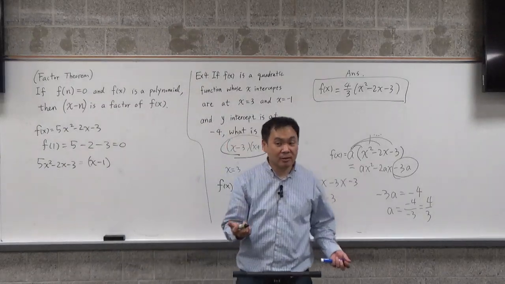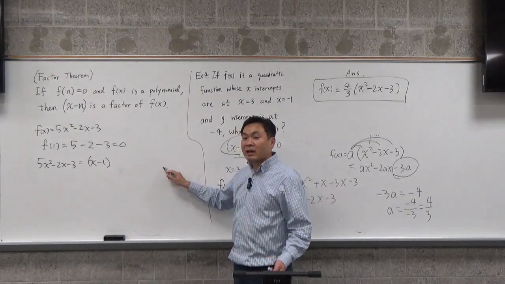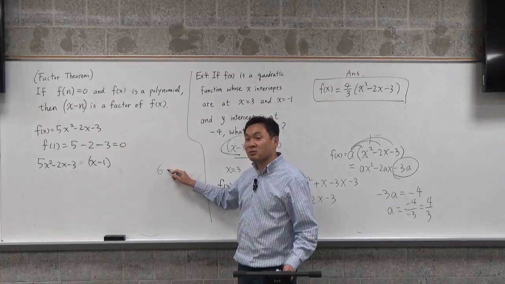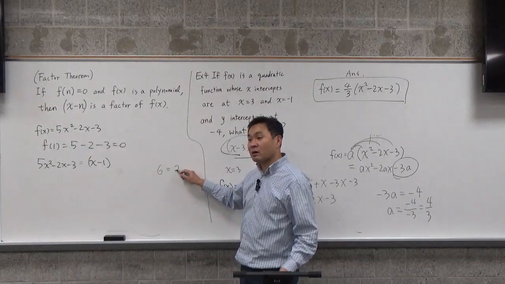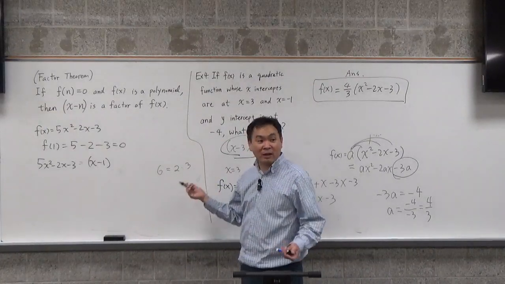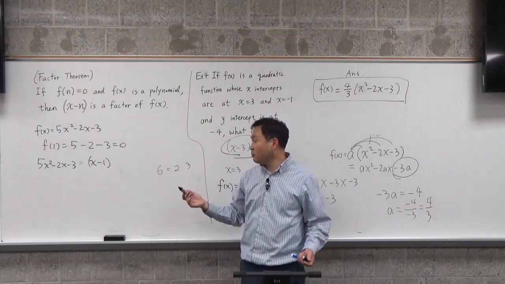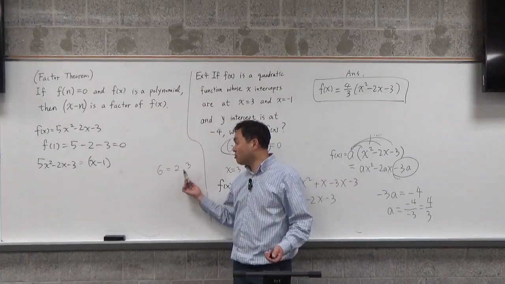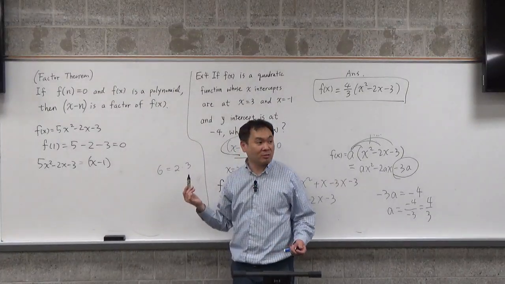So what's a factor of 6? 3, and also 2, right? Because 6 is 2 times 3. So 2 and 3 are factors of 6. If you can represent a number or a function as a product of many things, each one of these is called a factor.